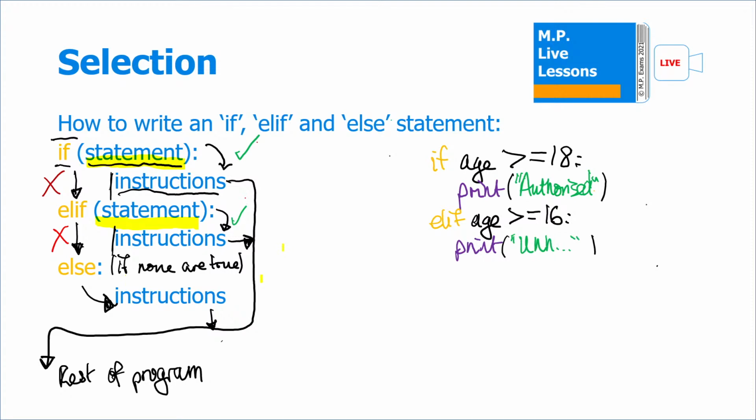Then else at the end if none of the above are true. We'll also print something out. We'll print out that string right there. And that's an example of an if, elif, and else statement.